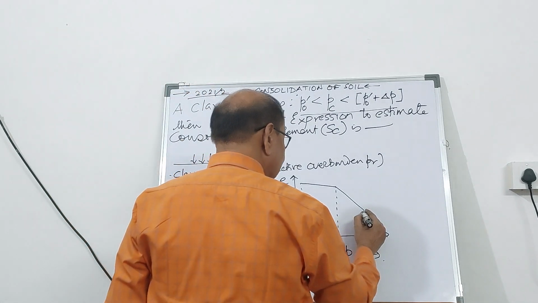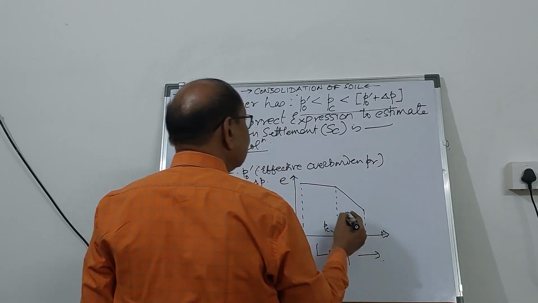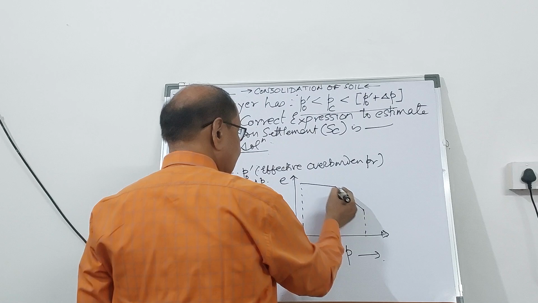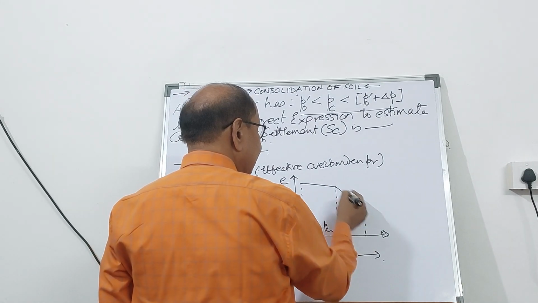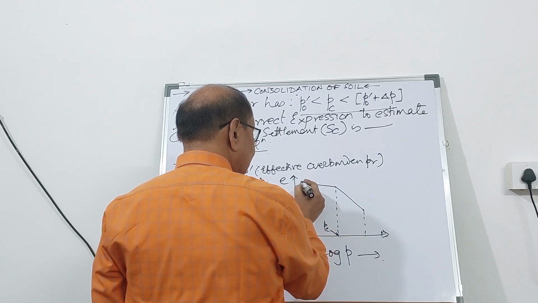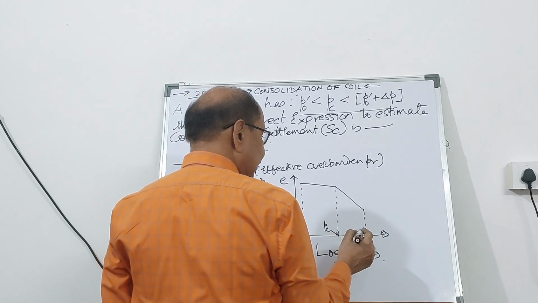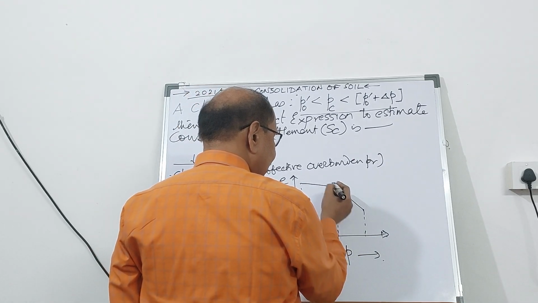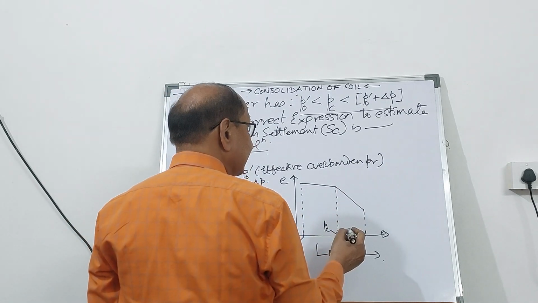And the present pressure is given to you after Pc, the curve becomes a virgin curve and behaves like normally consolidated. So in this part, it is behaving like over consolidated clay, and then it behaves like virgin clay or normally consolidated clay.